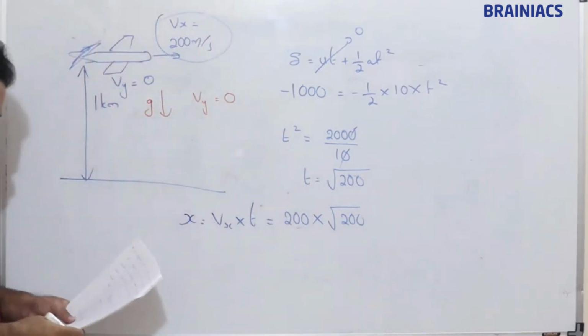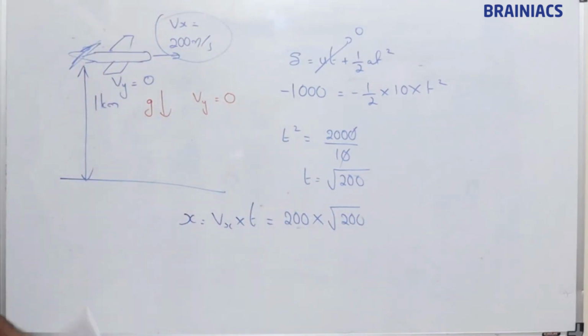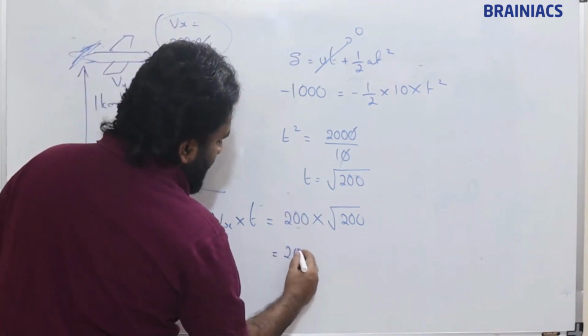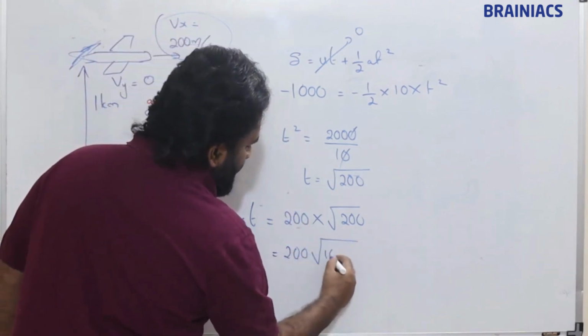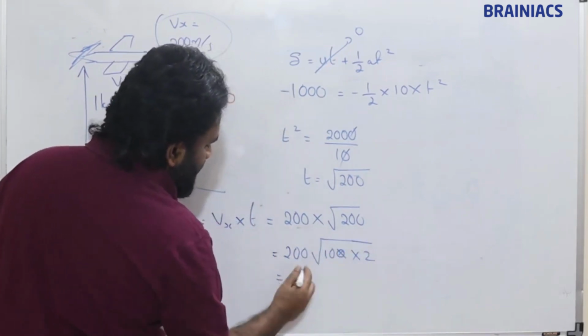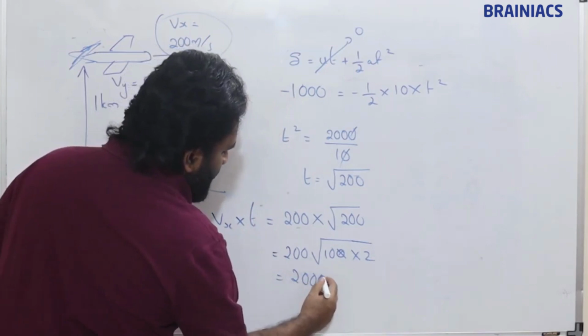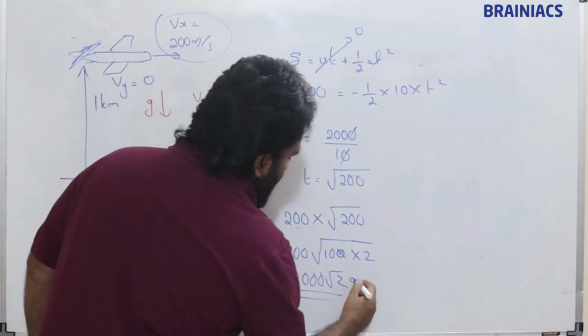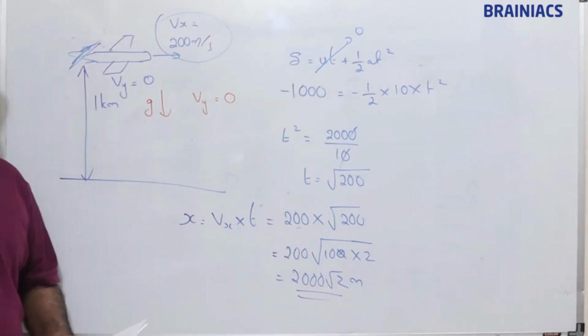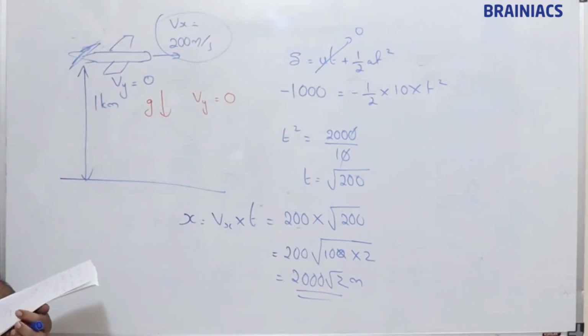So 200 into root 200 is the answer. We can write 200 into root of 100 into 2, so this will come out as 2000 root 2. So this much distance before, it should drop the bomb. That is the answer for this question.